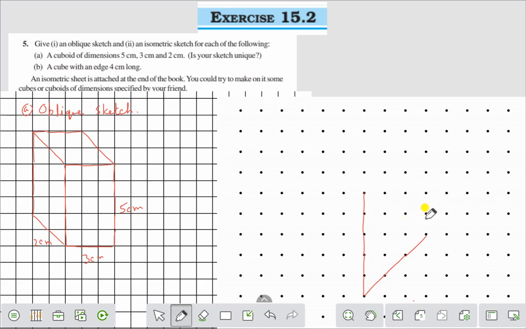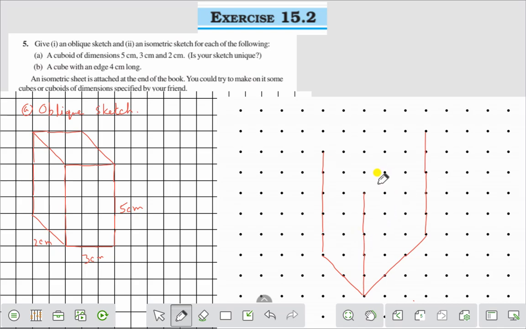And the height is 5, that is 1, 2, 3, 4 and 5. And this one is 2, 1, 2. This is again 5, that is 1, 2, 3, 4 and 5.